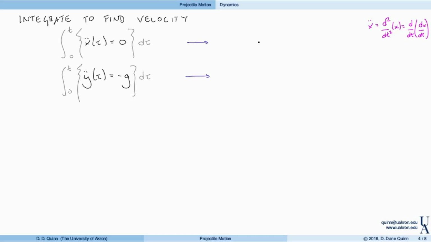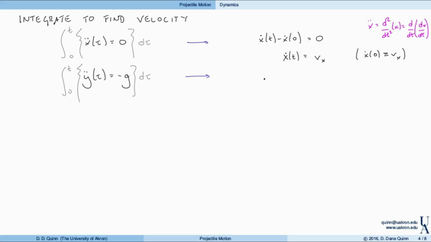So the left-hand side becomes x dot at time t minus x dot at time 0 equals 0, or x dot is equal to vx, where we've defined x dot at time 0 to be equal to vx. So vx is the initial speed of the particle in the horizontal direction.